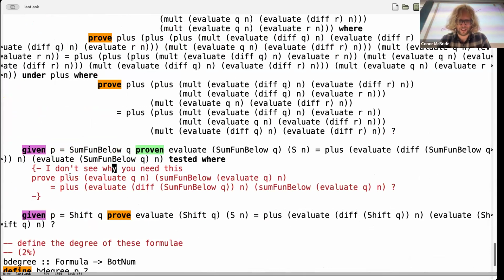So then we don't have to prove anything here anymore.